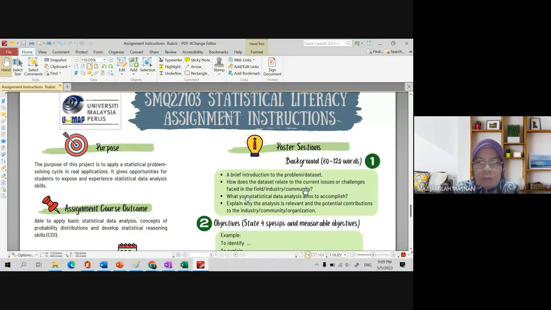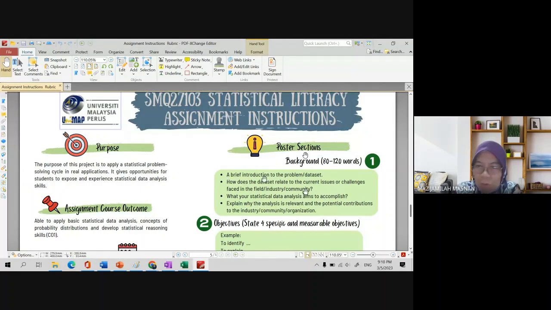Okay, what your statistical data analysis aims to accomplish means that at the beginning you can identify or imagine the things that you want to solve or to achieve at the end of your analysis. So that would be the third part. And finally, explain why the analysis is relevant. So you have to explain.